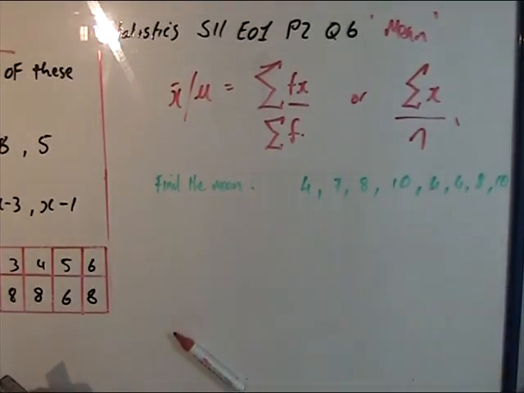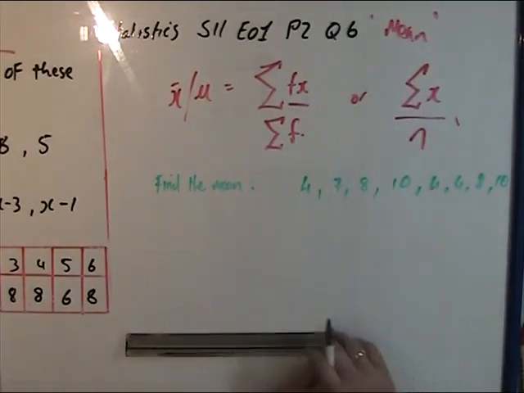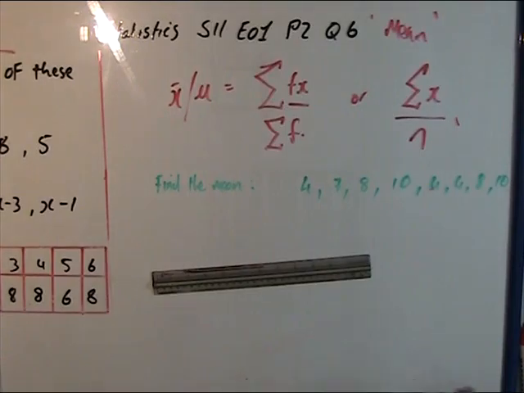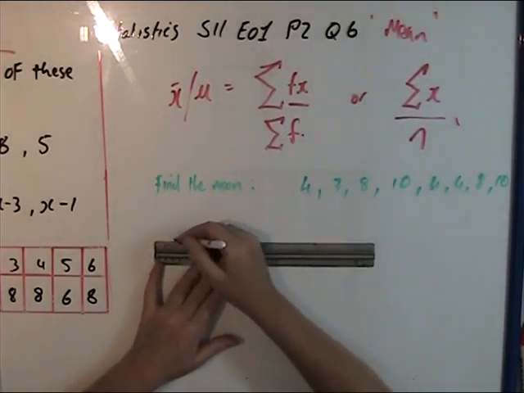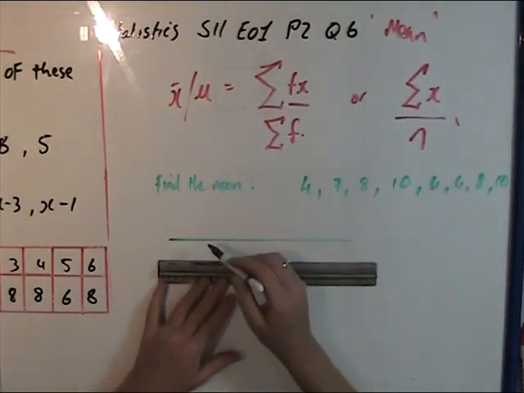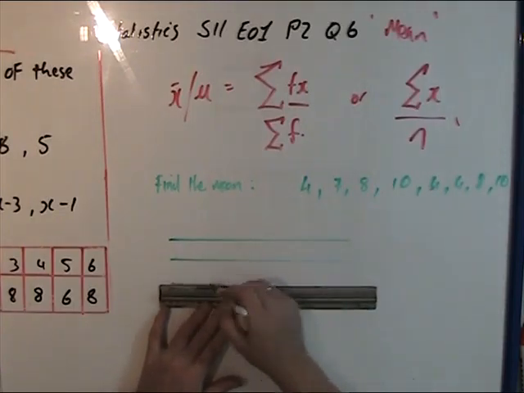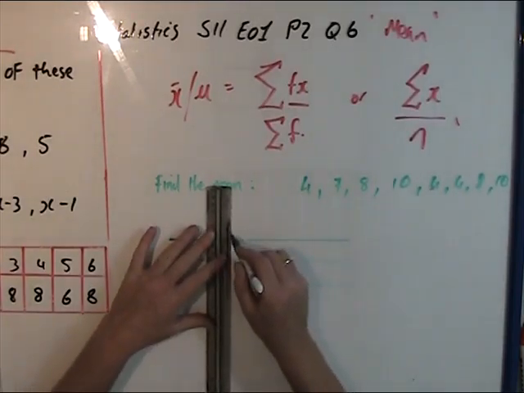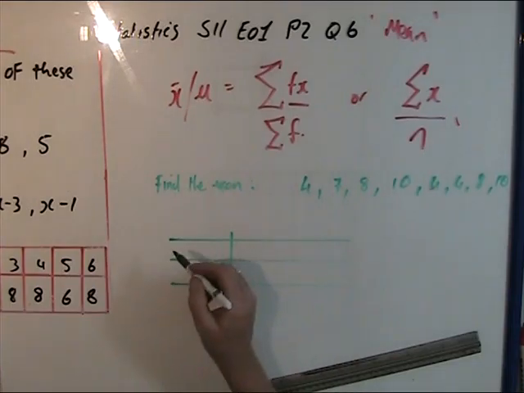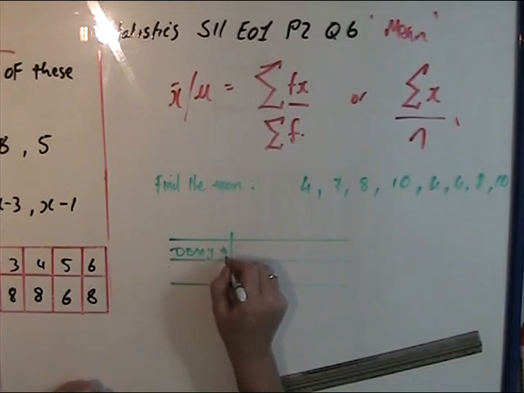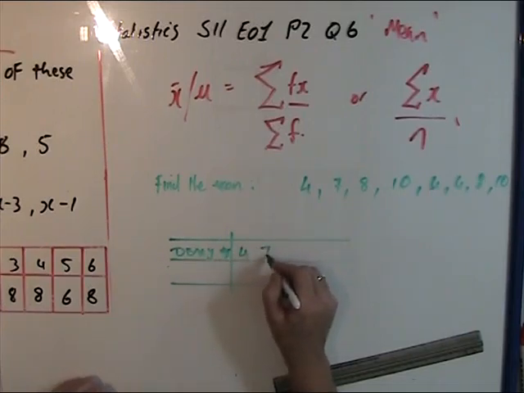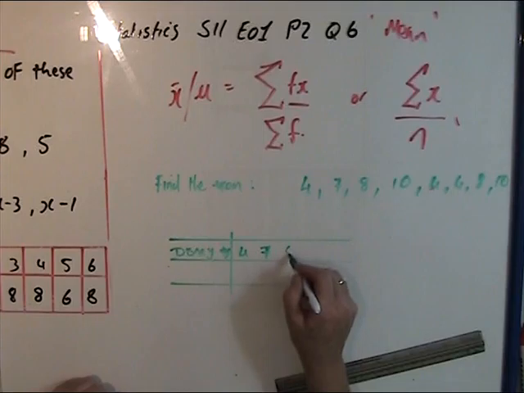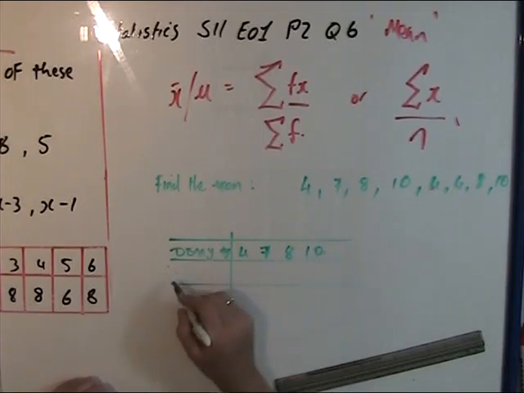So before we calculate the mean, you'd have an array of numbers. Say for example, the average age of a person that goes to Disney World. The ages are 4, 7, 8, and then 10, and the frequency is the number of people.